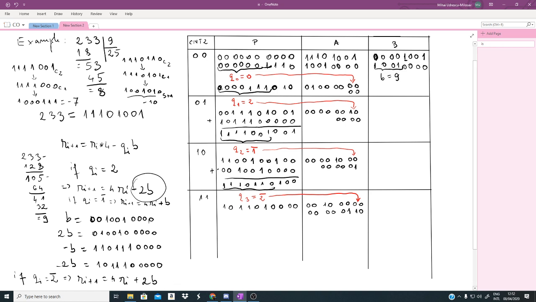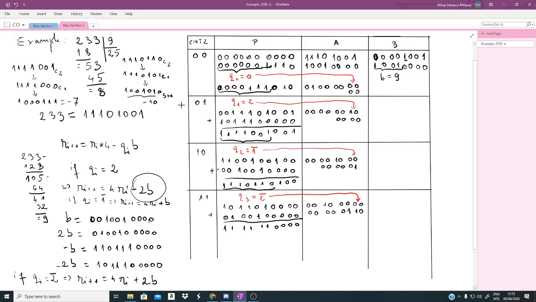So now I'll add 2b, and 2b is 0 1 0 0 1, and then 5 zeros. So this result is pretty interesting because it's 0 0 0 0 1 1 1 1 1 and 1. Now this should be the end of the algorithm, right?